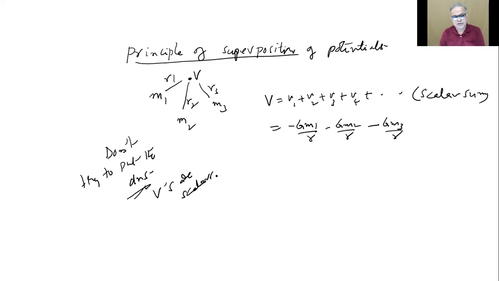If you went for charges, plus Q and minus Q will be there, so their works will be different. But here, all the time, this work is negative. Negative work is done by a person in bringing 1 kg mass from infinity to the point. And if I know this, I can calculate the potential energy. Like Sudhir was mentioning, for U you would multiply with the test mass. All right, so this is what we mean by the principle of superposition of potentials.